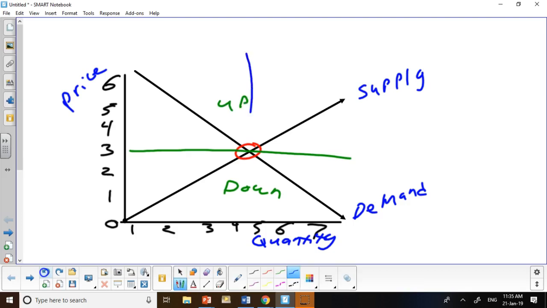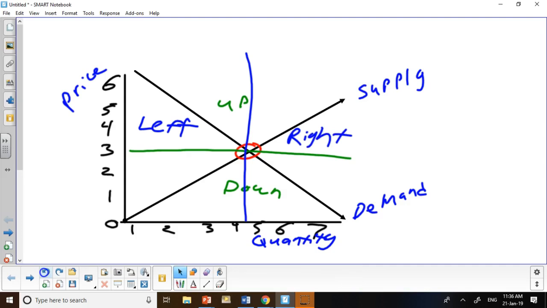And then if you take this blue line right through here, anything on this side is going to be the left. I can spell left. Anything on this side is going to be to the right. So anything up in this general area, up here, is going to be up and to the right.